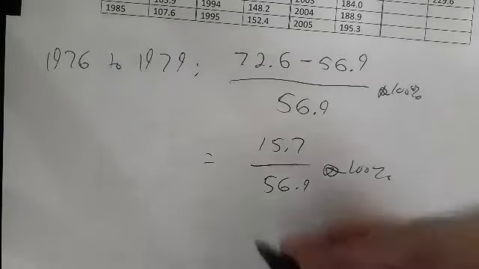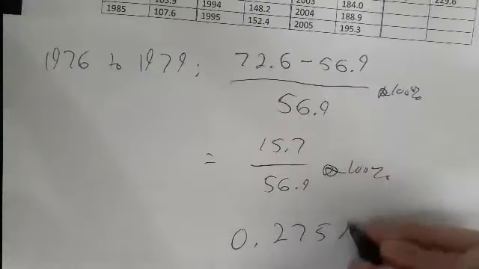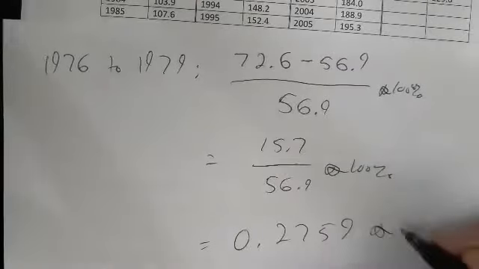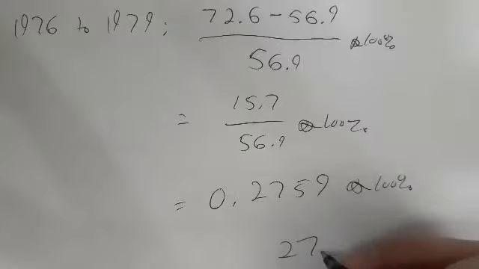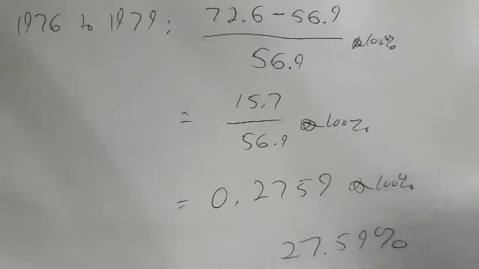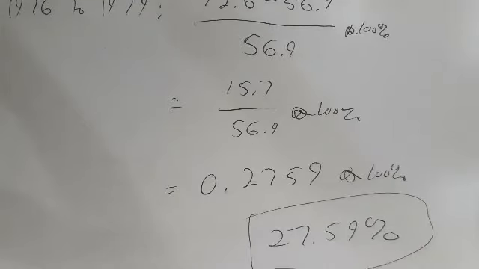I should be getting something like 0.2759. I still have to convert, so this is 27.59%. One thing you might want to do is keep an eye on the units we're using.